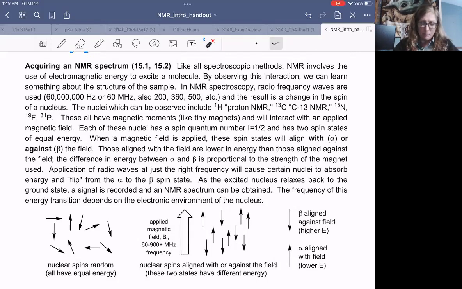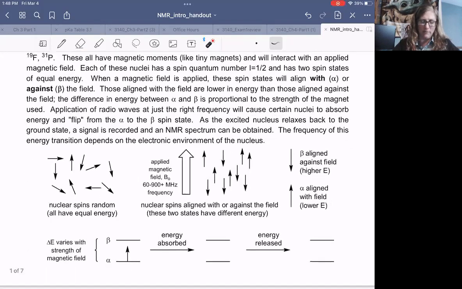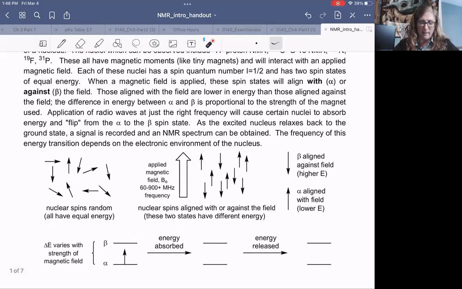We have different strength magnets that can be used, and that makes your NMR instrument more expensive because it is more powerful, it is more sensitive. And we have some NMRs that can actually be used at room temperature. They could be on a bench top, and others are very sensitive and have very powerful magnets.